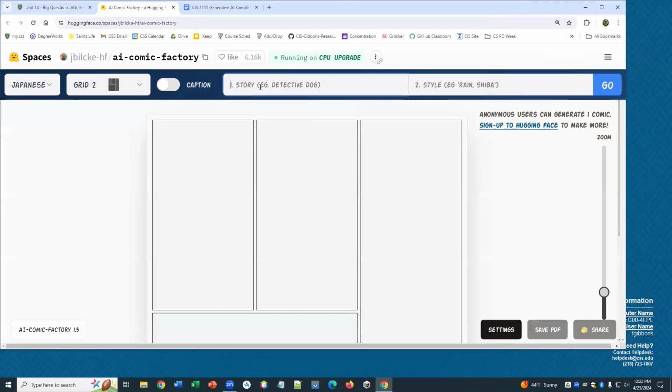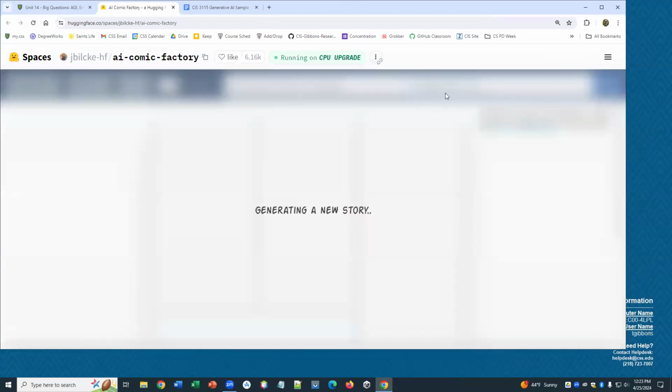So we want a dog meeting aliens, a spaceship, and then a style here, and it'll generate the comic. You can try that out if you want.